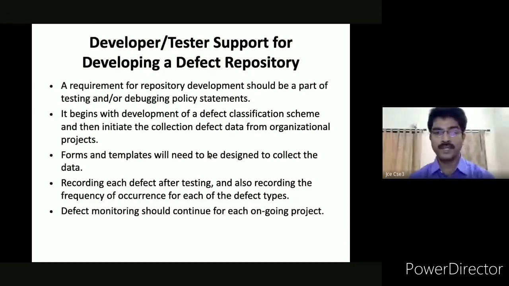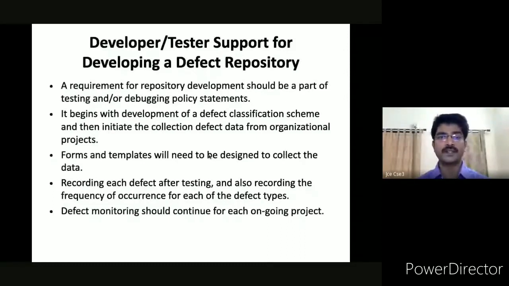Then forms and templates will need to be designed to collect the data. It is the responsibility of the tester to design proper forms and templates to collect the data, record each defect after testing, and also record the frequency of occurrence of each defect type. And defect monitoring should continue for each ongoing project.